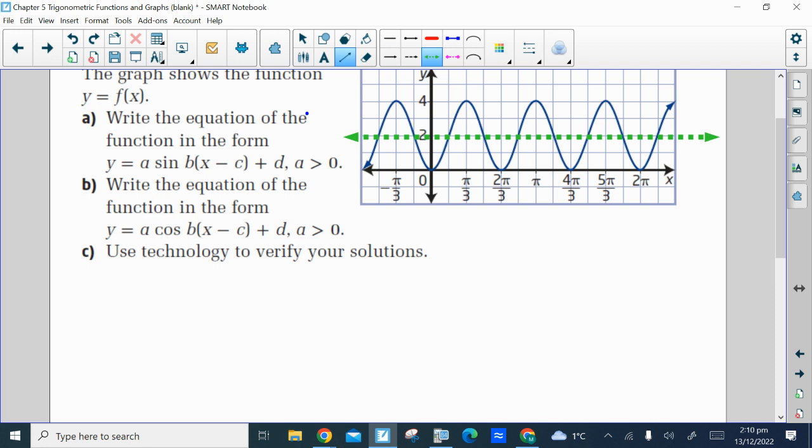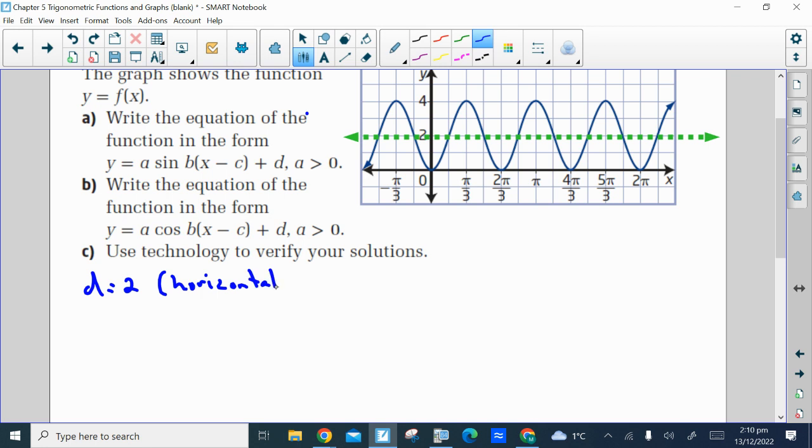That's the horizontal midline. That is our D value. We can also talk about the fact that that is the vertical displacement. The graph has been shifted up 2 units.